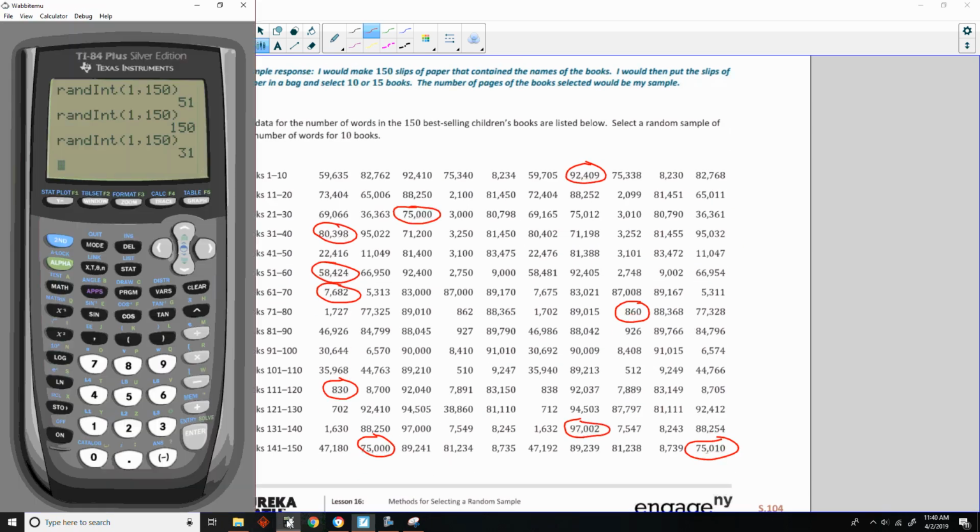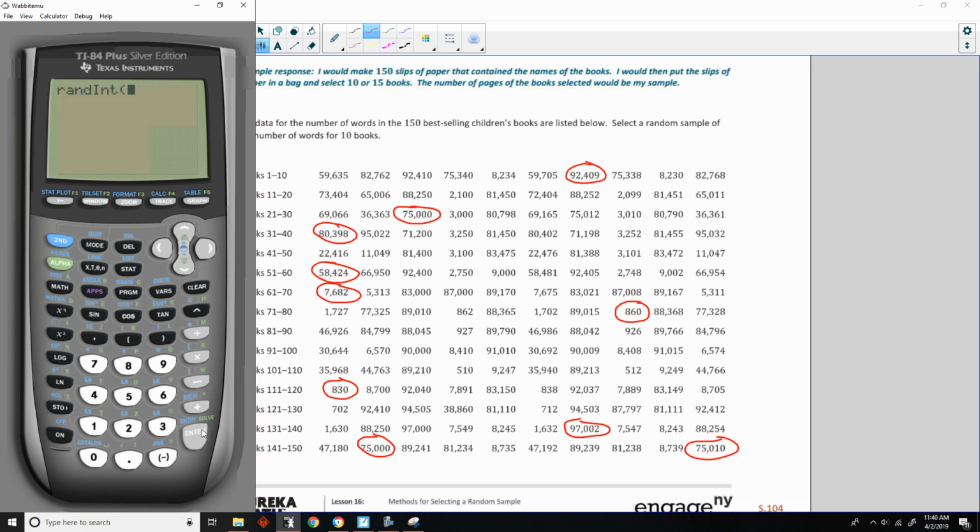If you have a Texas Instruments TI-83 or 84 calculator, you turn it on, you select math, and then you want probability. To get over there, you just have to arrow left once, and it goes over to probability. And number 5 is randInt, which means random integer. I could either pick 5 or do this and hit enter.